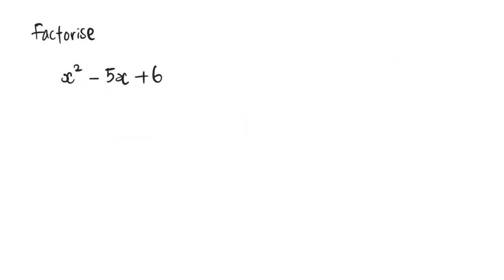Hello everyone, welcome to this video where we are required to factorize the following. And so Mr. Tan is going to make use of his cross chart to help me with it. Notice how Mr. Tan will position his terms in the cross chart. Negative 5x.